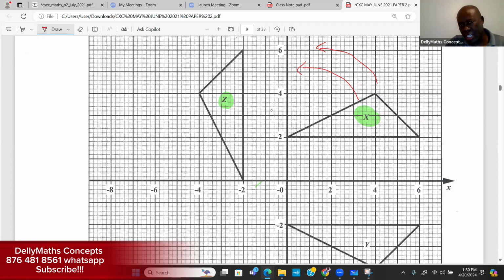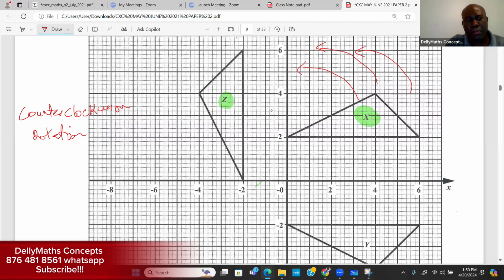So it's a rotation. And with the rotation, what we want to do is to tell certain things. So we know it's a rotation. We could see based on the direction, it's going counterclockwise, right? So it's a counterclockwise rotation.